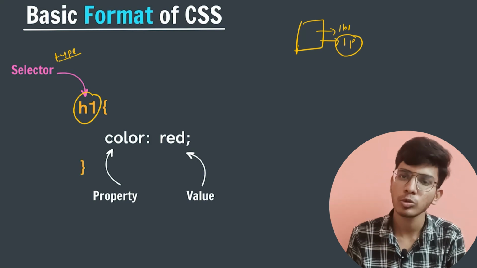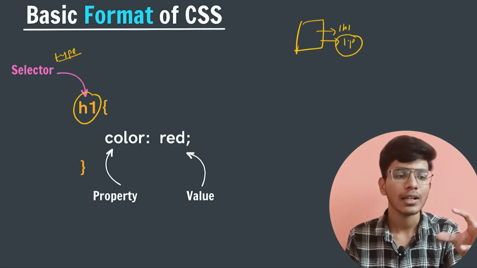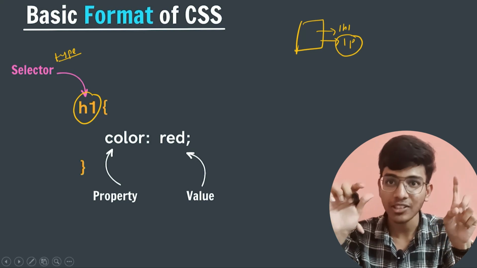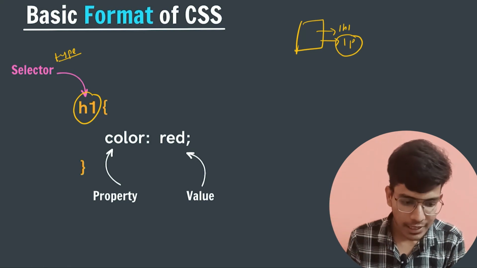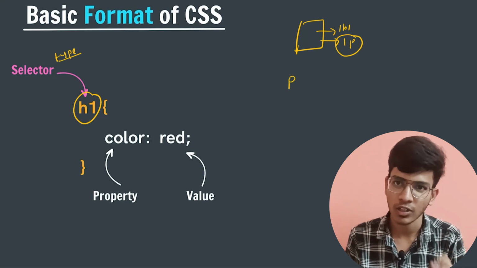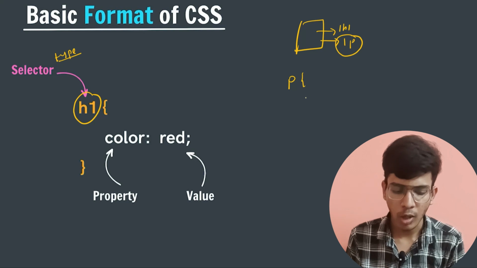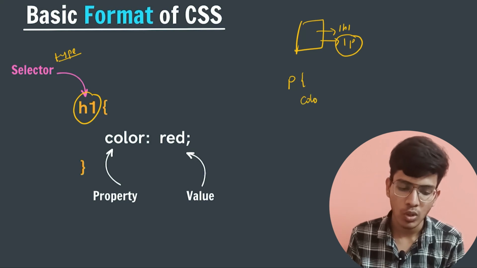Then what I will do is that I will use a type of selector, and the name of the type is element selector. So I will write here element selector, what element I want to choose. After that, opening bracket and property, let's say I want to change the color to red, semicolon, like this.